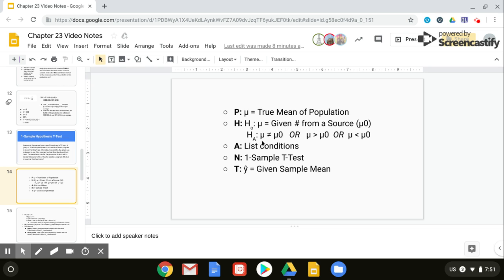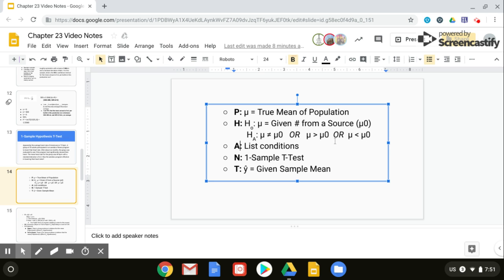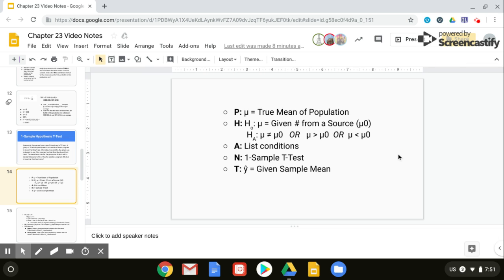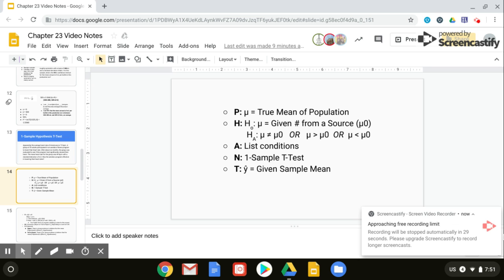And the HA would be mu does not equal mu 0, or mu is greater than mu 0, or mu is less than mu 0. The A in PHANTOMS would be listing the conditions, which we went over before. The N would be naming the test, and in this case it's a one sample t-test. The T from PHANTOMS is the given sample mean.